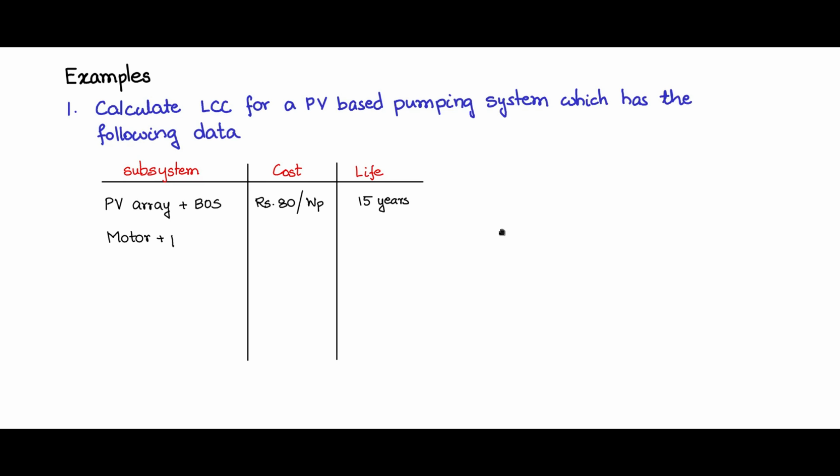Motor plus motor pump set is approximately rupees 5 per peak watt, with a life of 7.5 years. Miscellaneous for transport and such, I will put rupees 3 per peak watt.